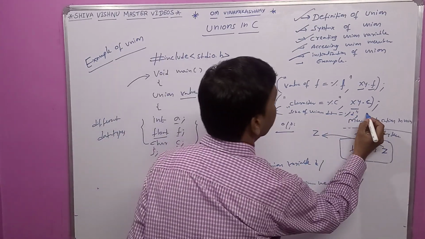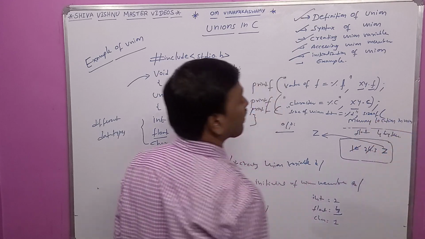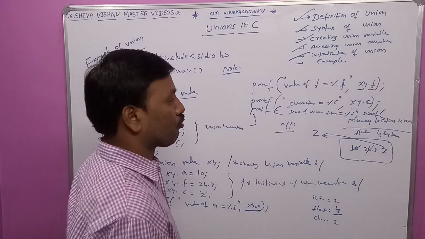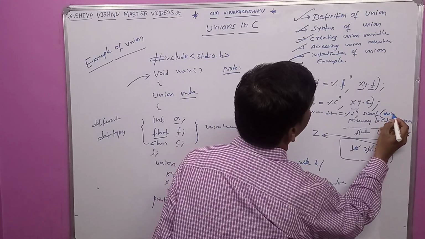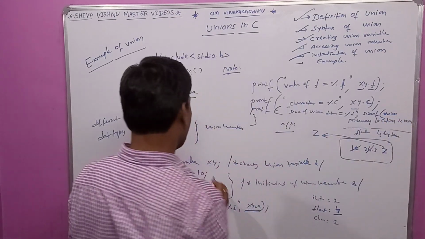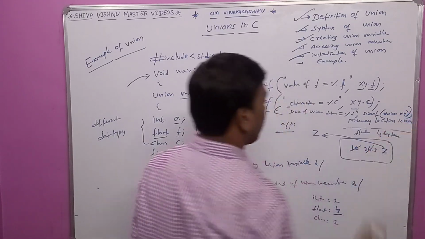Here you can see the sizeof operator. You can write it; the sizeof operator is a keyword also. Here you can see the union, space, variable xy, close, semicolon.